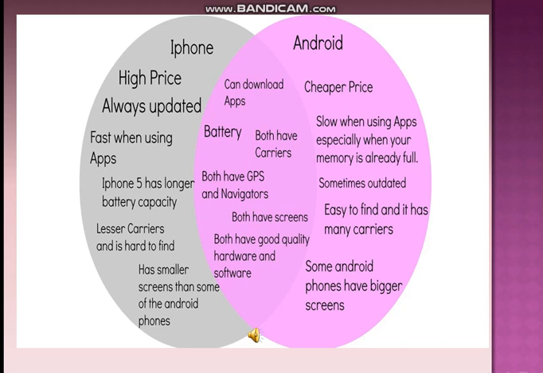Another difference between iPhone and Android, for example, iPhone has fewer carriers and it's hard to find, while Android is easy to find and has many carriers. Also, another difference is that iPhone has smaller screens than some of the Android phones, while some Android phones have bigger screens. So here, contrast means the differences. Compare means the similarities.